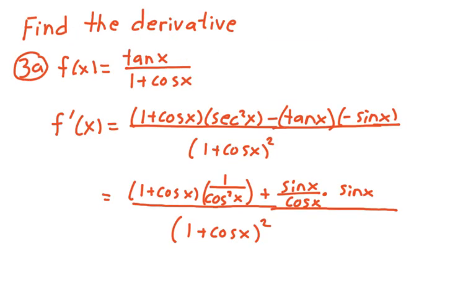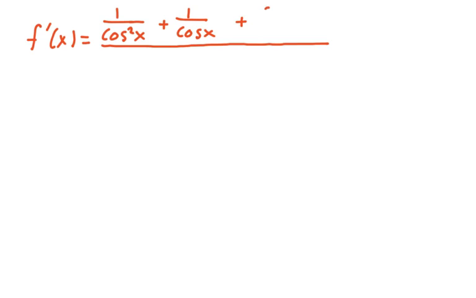And then I get sine squared x divided by cosine x. That's the top. The bottom is 1 plus cosine x raised to the second.